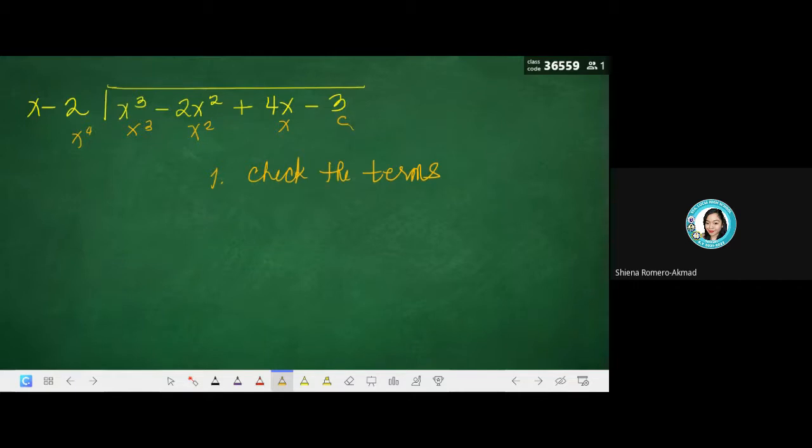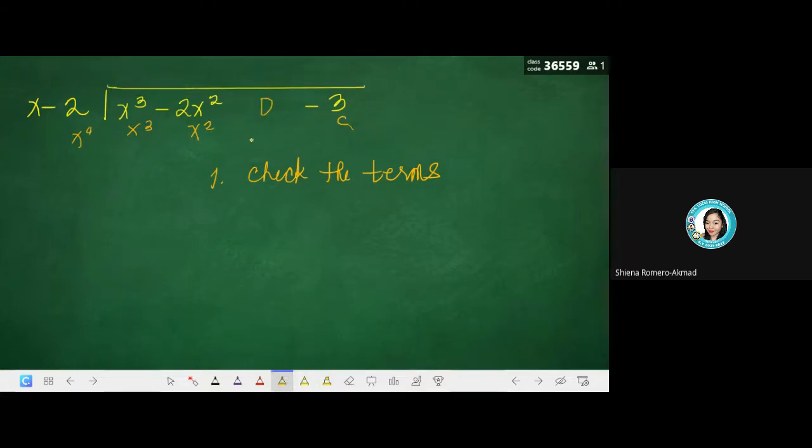If there is no, like for example, walang term na to. Okay, kunwari hindi natin alam na may 4x dyan, or should I say walang 4x dyan, you have to leave a space. Okay, para doon. And we will consider that as 0.